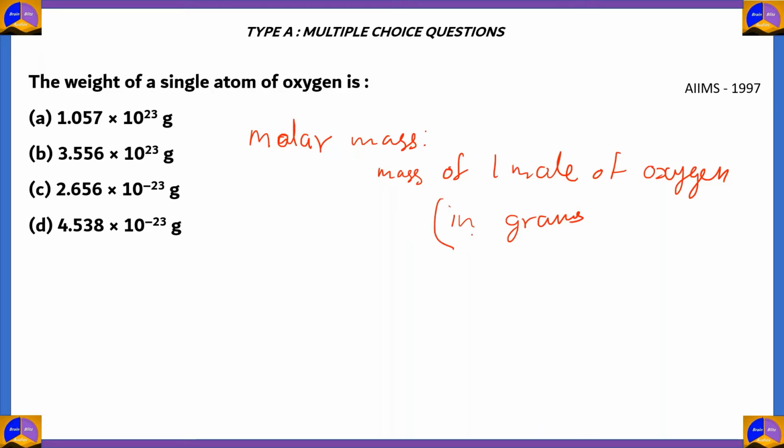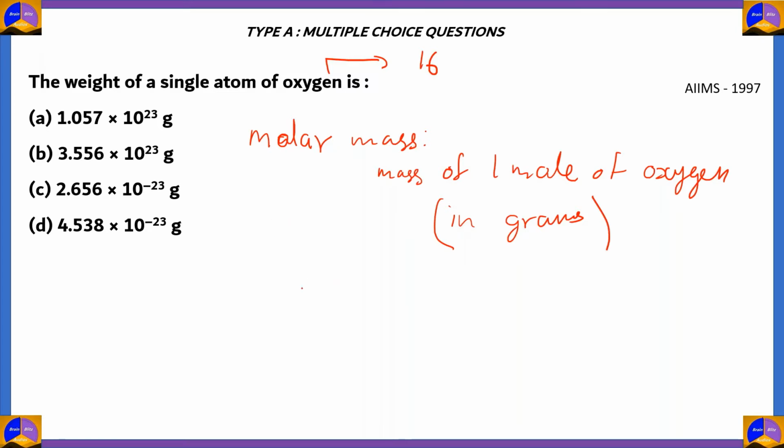So this is expressed in grams and it is the mass of 1 mole of oxygen. So for oxygen, the molar mass is 16. So that stays the same.